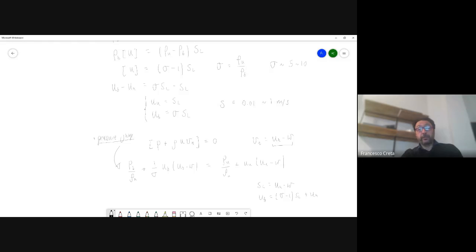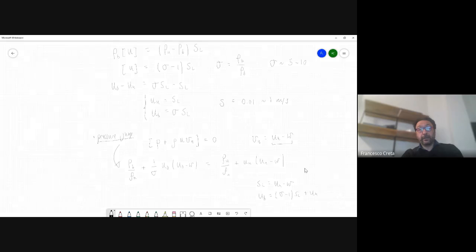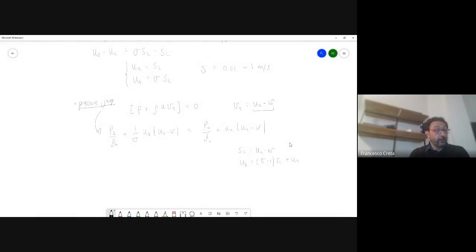You substitute this in the above expression, and what you get is PB over rho U minus PU over rho U is equal to minus SL times the jump in velocity.